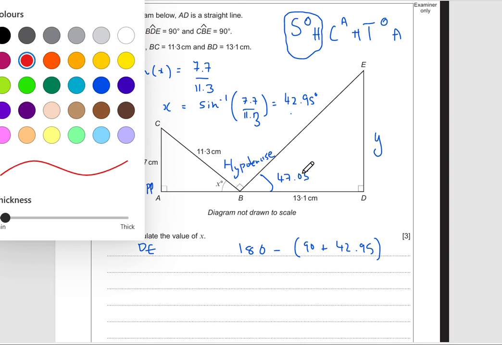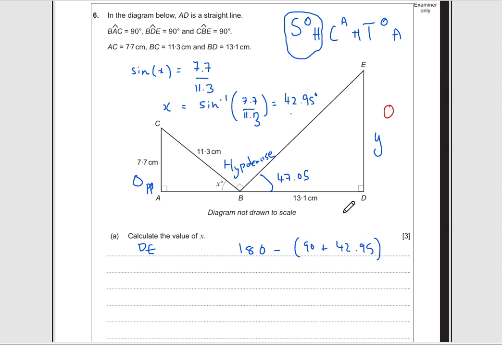So let's think about which sides we've got. So this is the angle, this is going to be the opposite side again, and then we've got the adjacent. So this time we're going to use tan. And what we've got is, so tan of my angle, 47.05. That's going to be equal to the opposite, which is y divided by 13.1. If I rearrange here, I'm going to multiply by 13.1 to work out y.